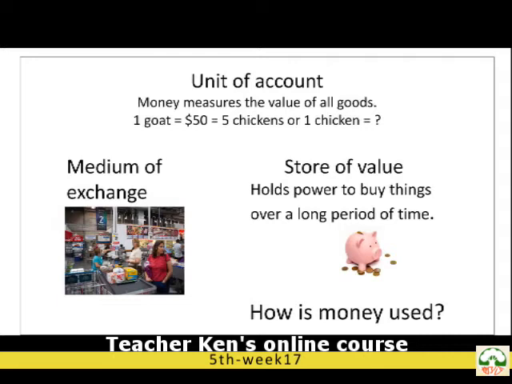So that is determined by somebody. You can buy a glass of orange juice for some amount of money. You can buy toilet paper for some amount of money. You can buy anything in a store for some amount of money. That is a medium of exchange. You exchange the money to get something back.